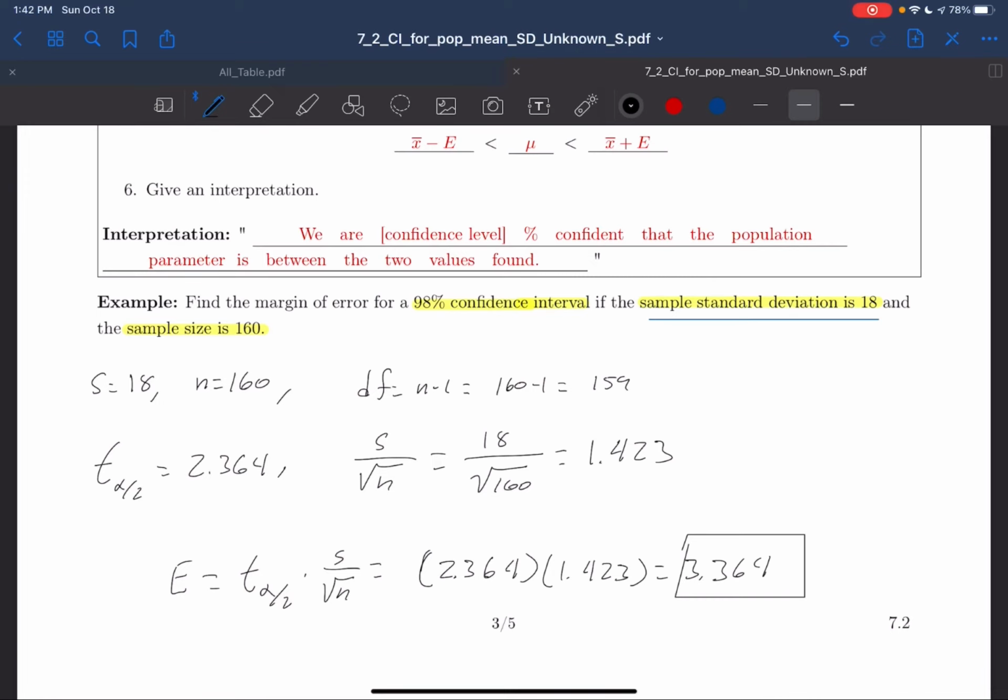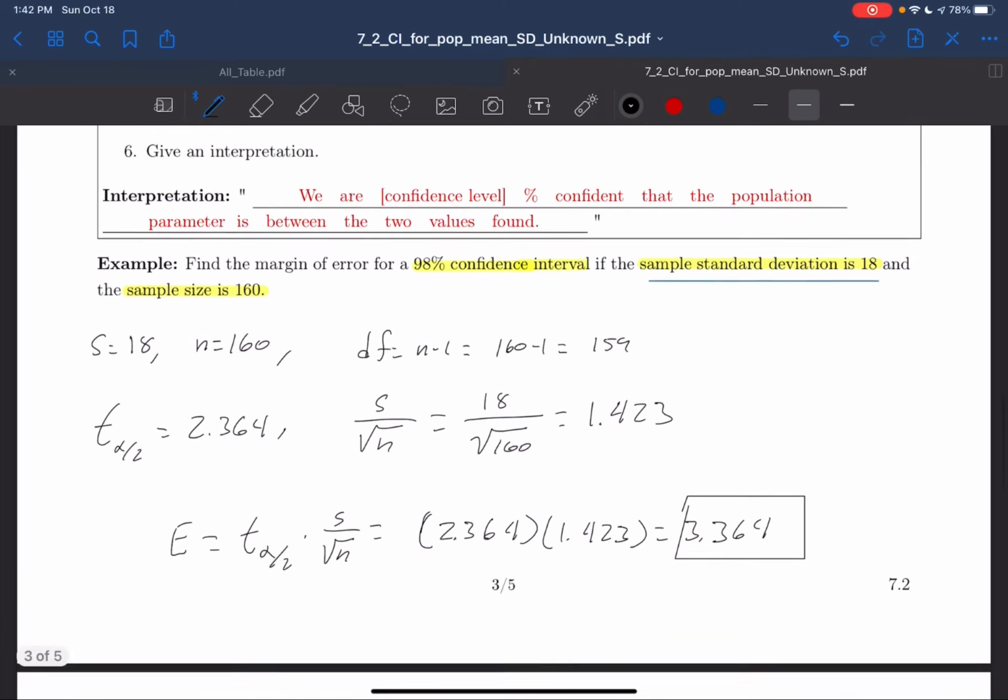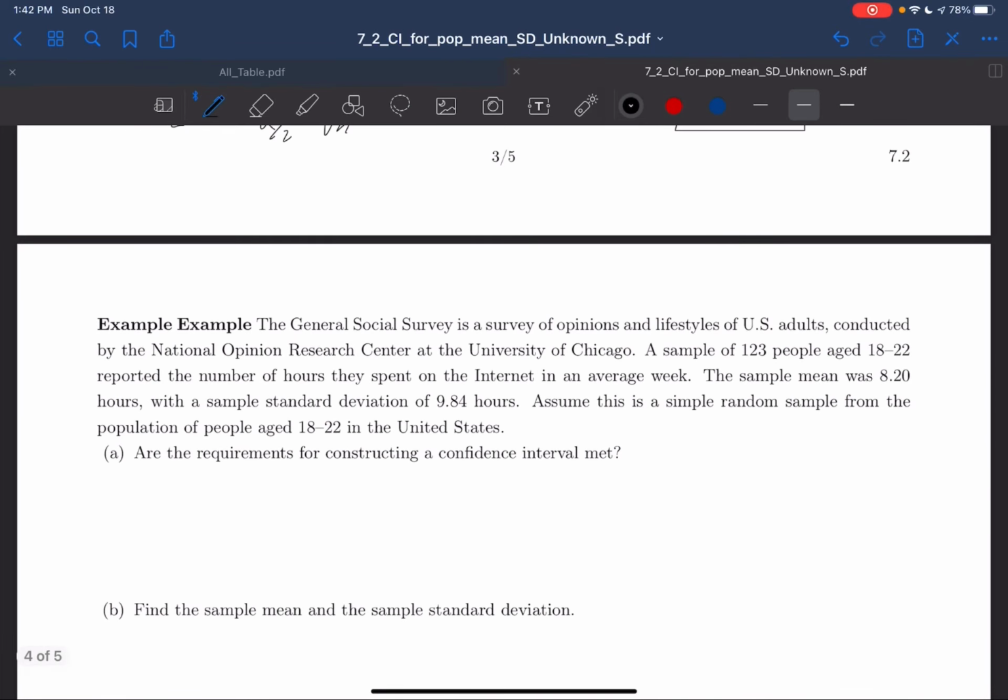Now that we have some practice with margin of errors, let's do an example of actually computing a confidence interval. So here, let's get rid of this extra example. The General Social Survey is a survey of opinions and lifestyle of U.S. adults conducted by the National Opinion Research Center at the University of Chicago.